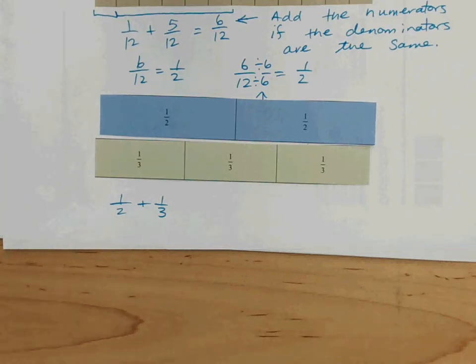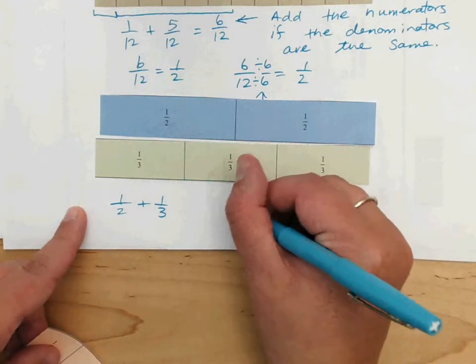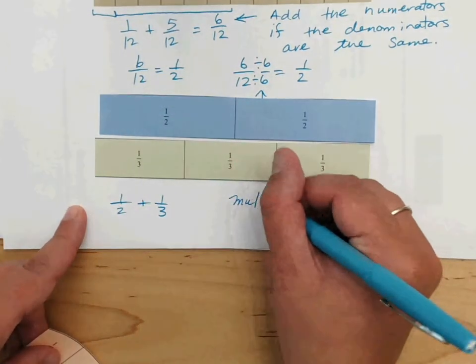So what is a number that both 2 and 3 go into? Basically, what is a multiple of 2 and 3? Yes, 6. We already knew it, but let's break down how we would do this.